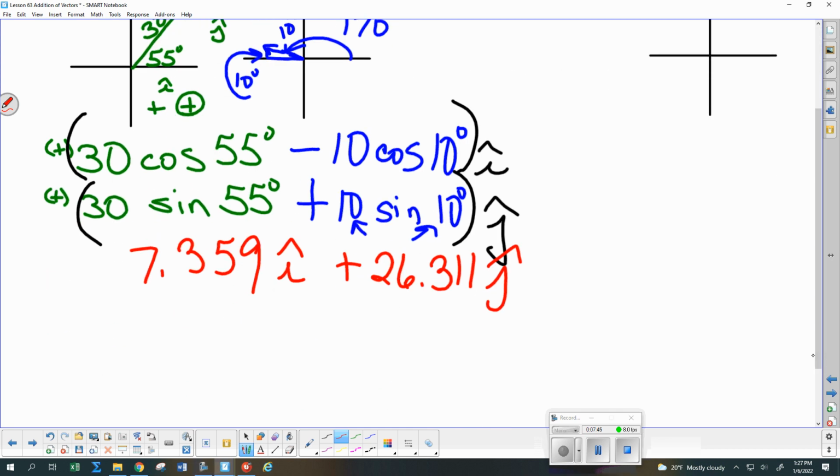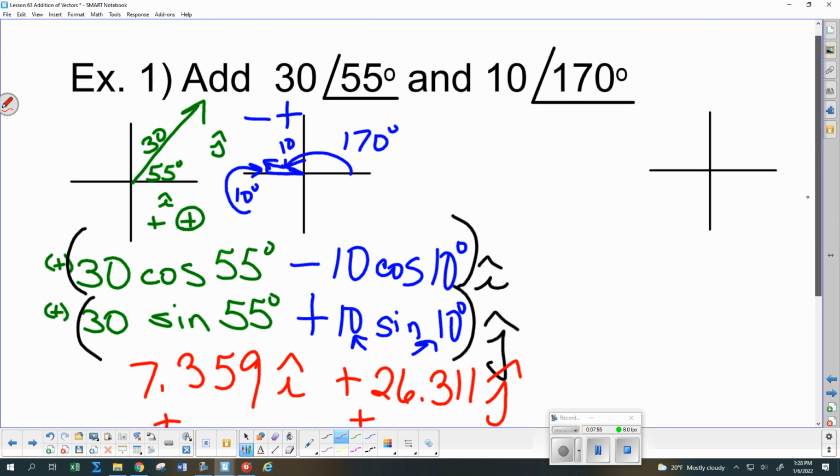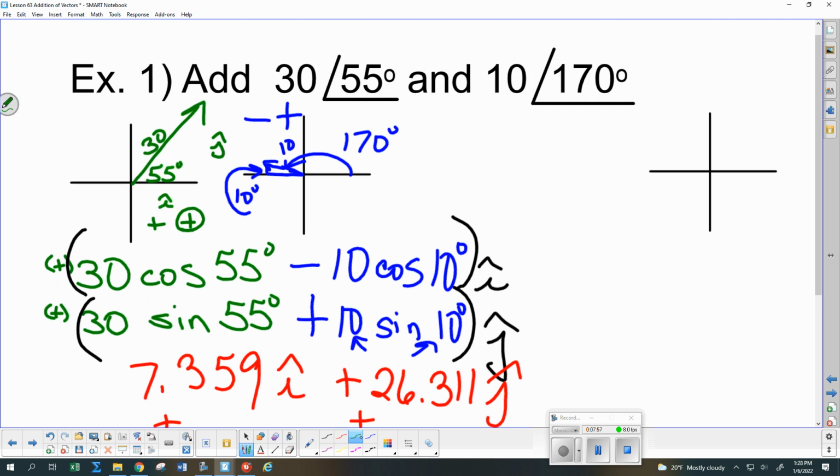Okay, now notice that was positive, that was positive. That means we ended up in the first quadrant. Let's see if we can make sense out of that on our picture. If I drew these end to end, so here's the first one that is 30 long. Here is the second one that is only 10 long.